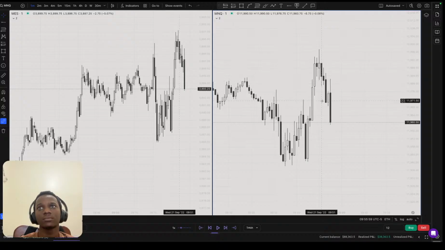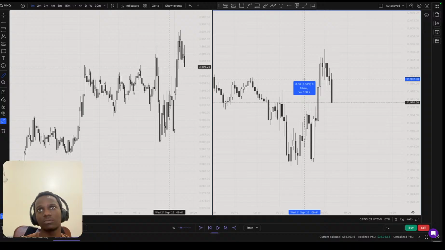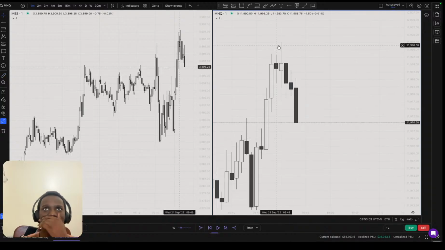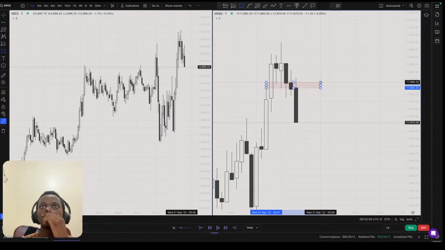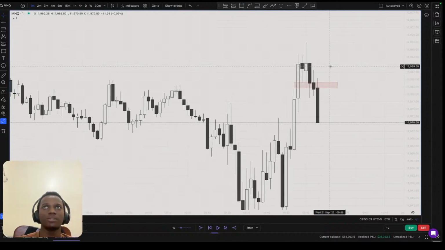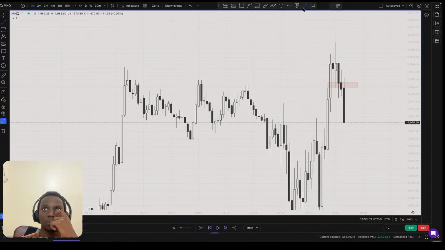Should have been in here at this candle inversion, because we're now delivering from buy side from this high.